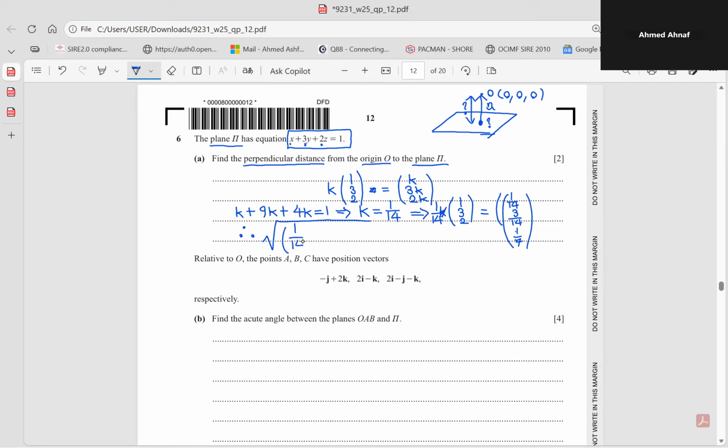So 1 over 14 squared plus 3 over 14 squared plus 1 over 7 squared.